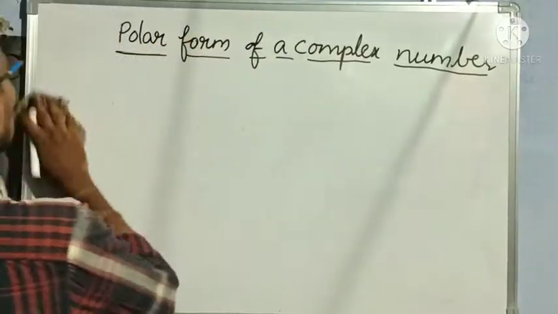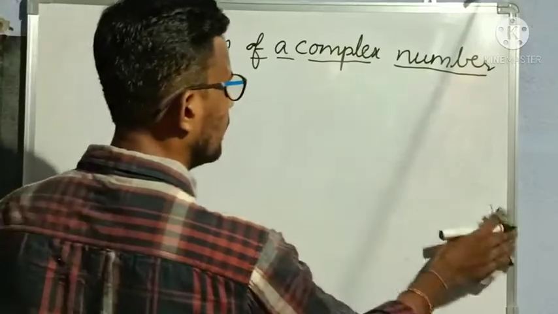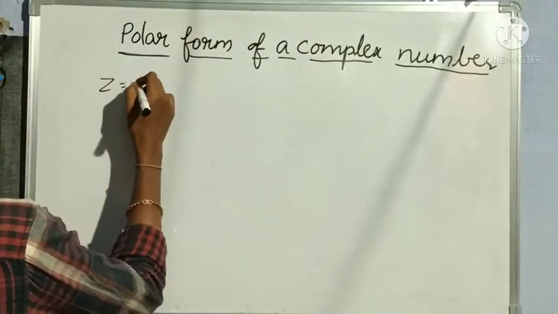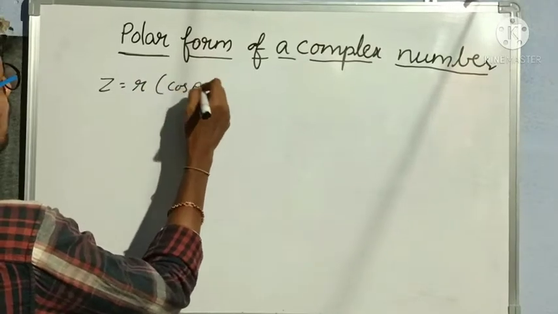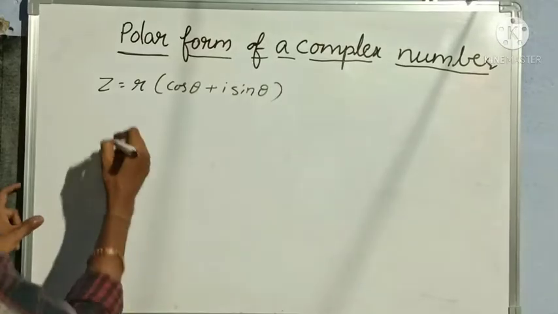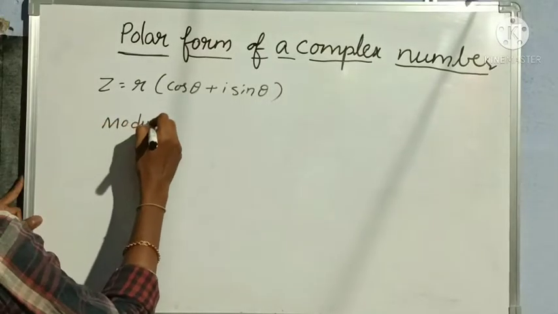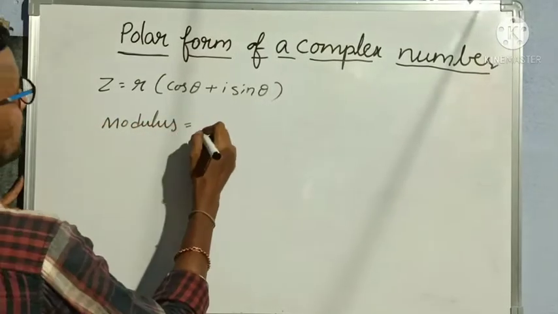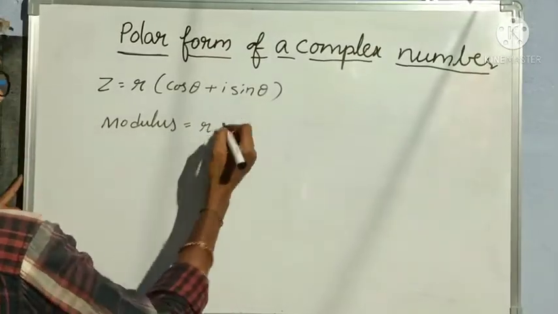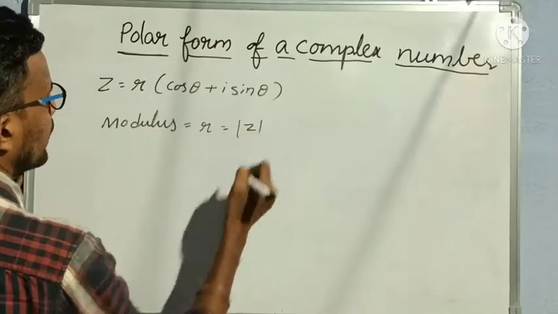So the polar form of a complex number looks like this. z is equal to r into cos theta plus I sin theta. If I want the modulus, then the modulus is equal to small r, that is the modulus of the complex number, modulus of z.